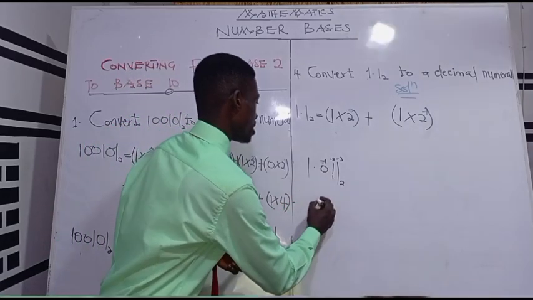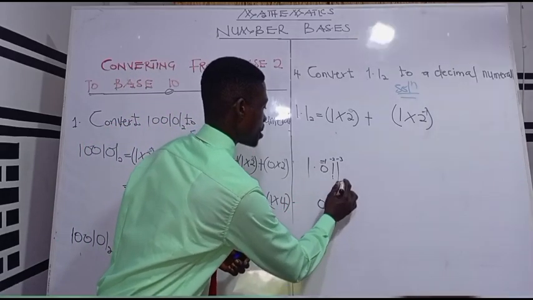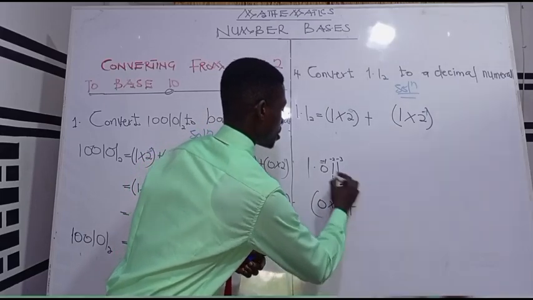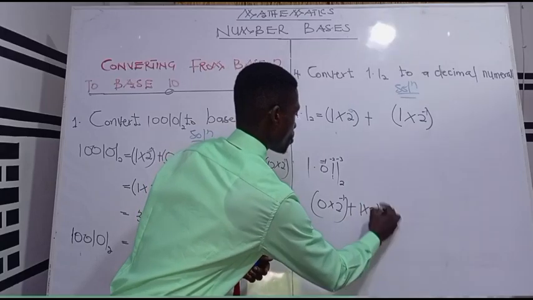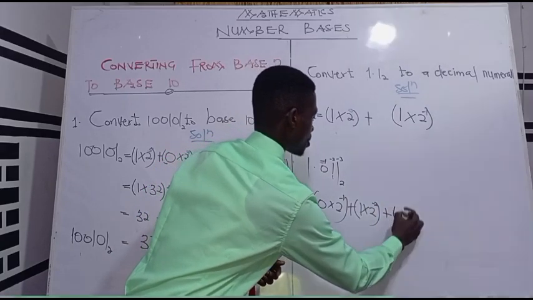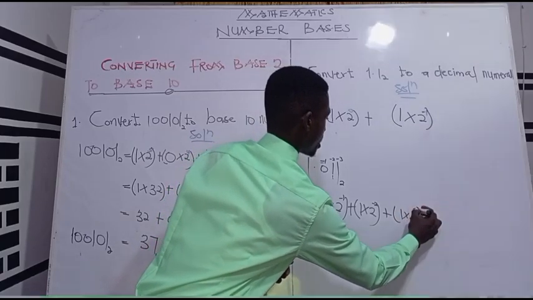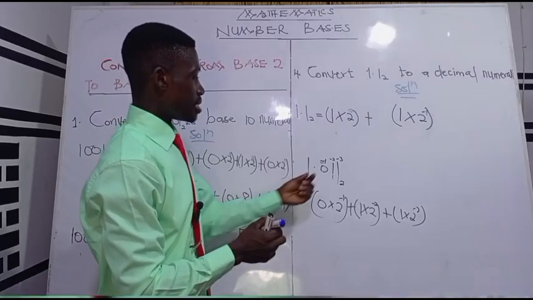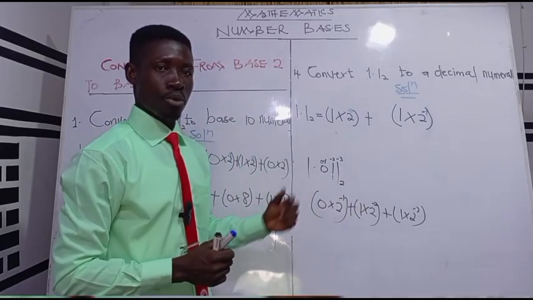Or it is going to be, let's say, 0 times 2 (the base) to the -1, plus 1 times 2 to the -2, plus 1 times 2 to the -3. That is how we do the counting of numbers behind the decimal point.